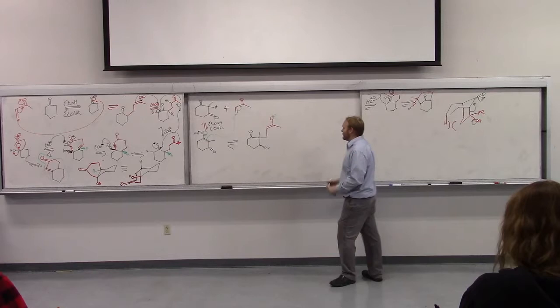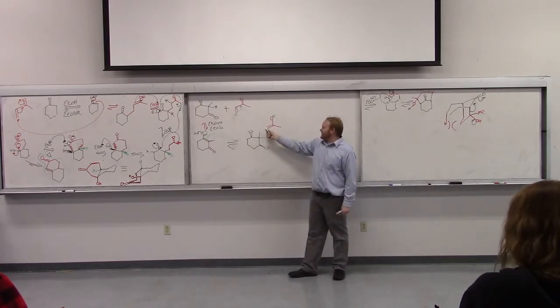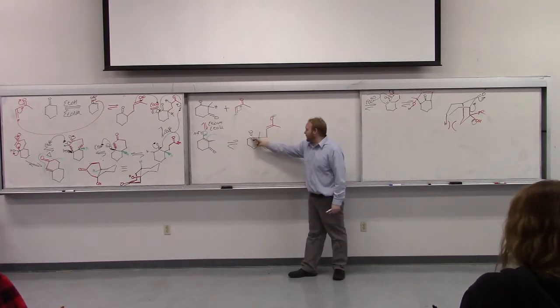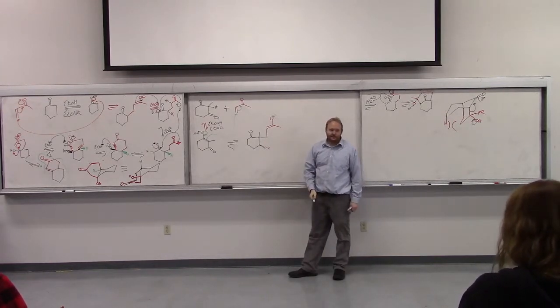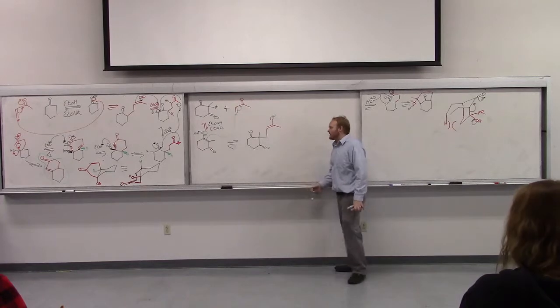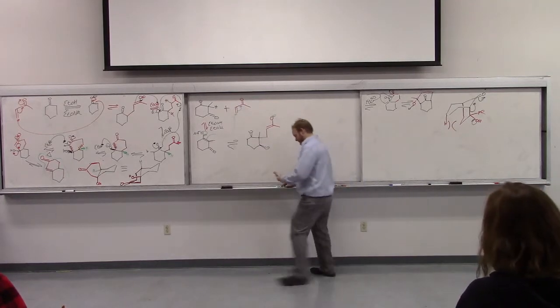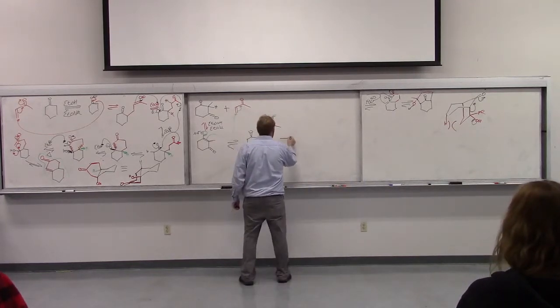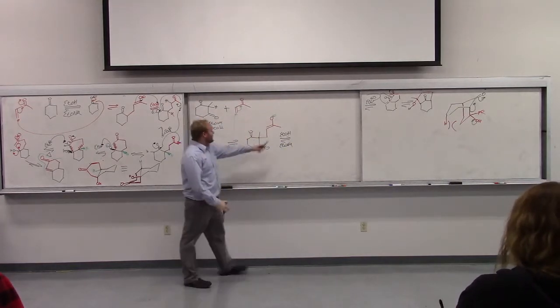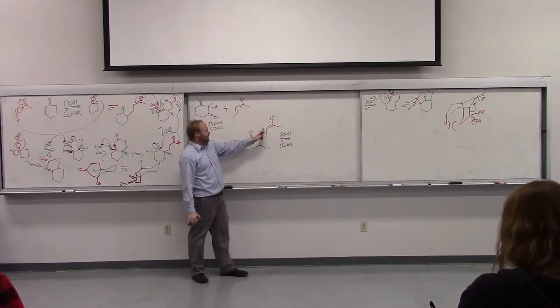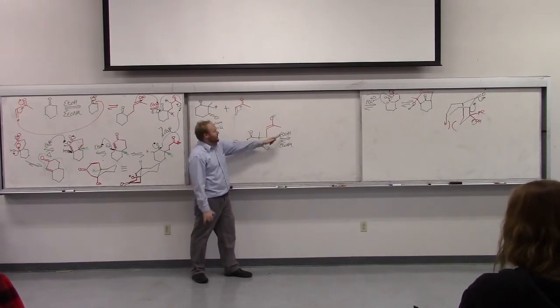Here's the Michael product. Once again, this enolate's not going to react, because if it adds into this carbonyl, it'll be a 4-membered ring. If it adds into this carbonyl, it'll be a 4-membered ring. So once again, we know the aldol cyclization isn't going to come from this. But we do know that under ethanol conditions, we can deprotonate this again, and then eventually deprotonate this.